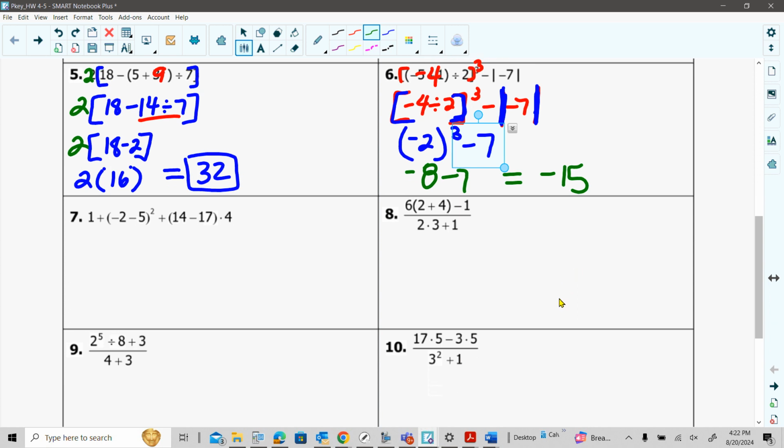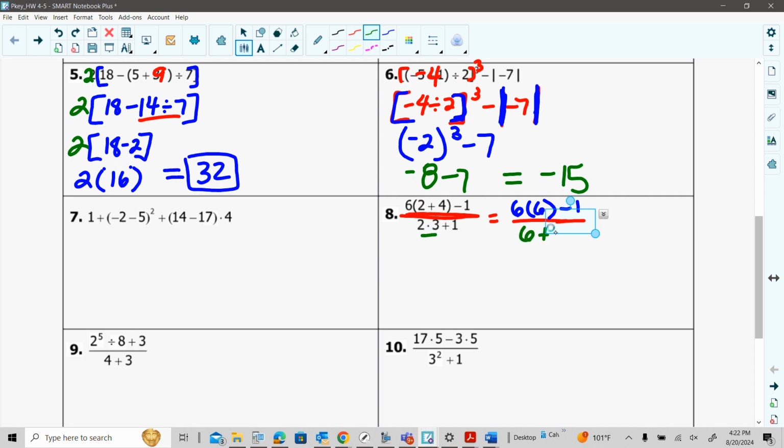Then when we get to 8 and on, now we have fractions. This is a fraction bar. Remember we talked about doing everything on the top first together and then everything on the bottom together. So do my grouping first. So this is saying 6 parentheses 6, or 6 times 6. Then -1 is on top. And then on the bottom here, I would have to do that multiplication.